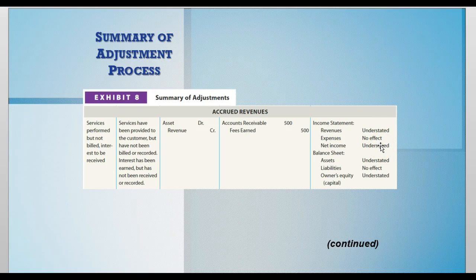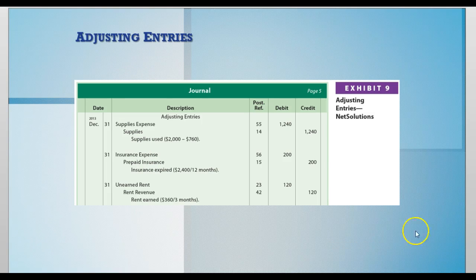Your net income will be understated. Your assets will be understated, because you will not have created the accounts receivable, and your owner's equity would be understated. In the end, this is what the journal entries all look like. You would take these and then post them to the general ledger.